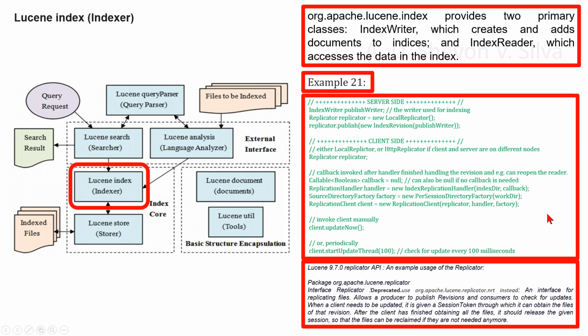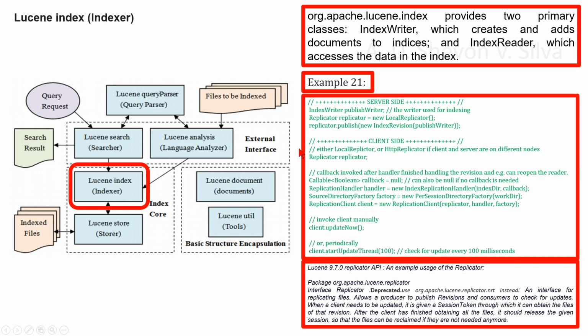When the replication client detects that there is a new revision available, it copies the files from the revision and then invokes the handler to complete the operation. For example, copy the files to the index directory, fsync, then reopen an index reader, etc. By default, only files that do not exist in the handler's current revision files are copied. However, it can be overridden by extending the client.